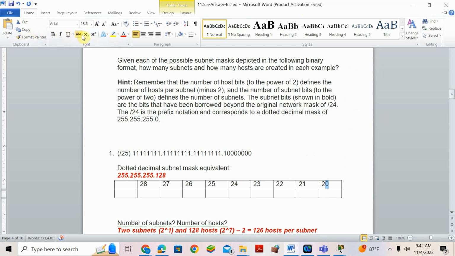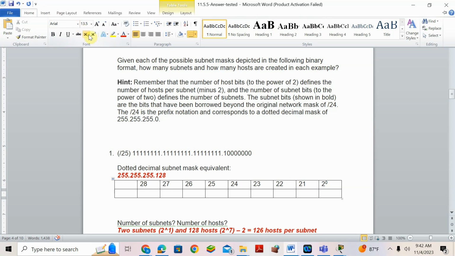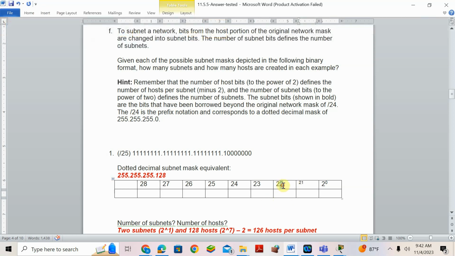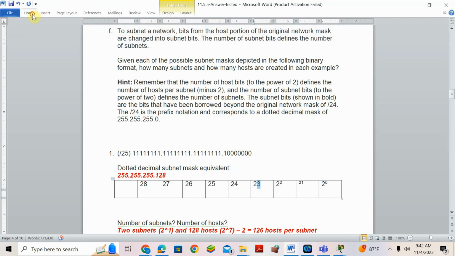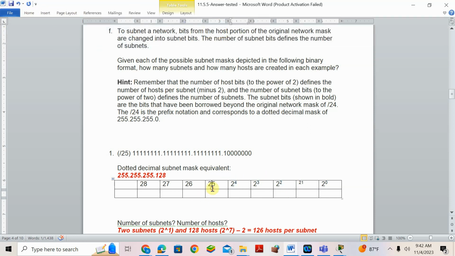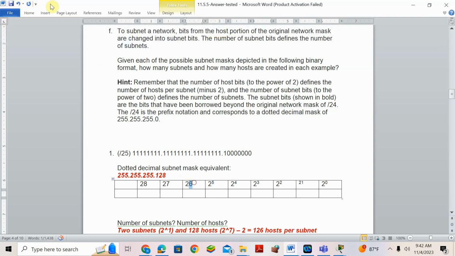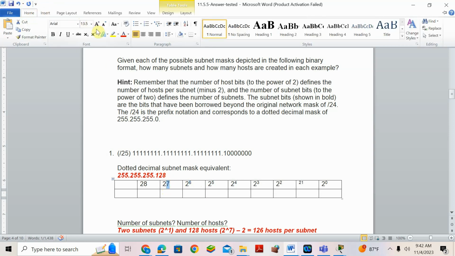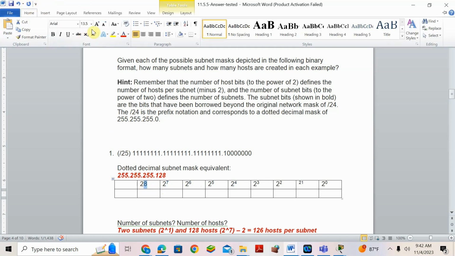Here I will put 2 power 0, 2 power 1, 2 power 2, 2 power 3, 2 power 4, 2 power 5, 2 power 6, 2 power 7, and 2 power 8.